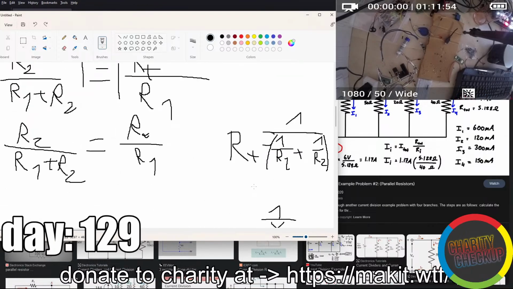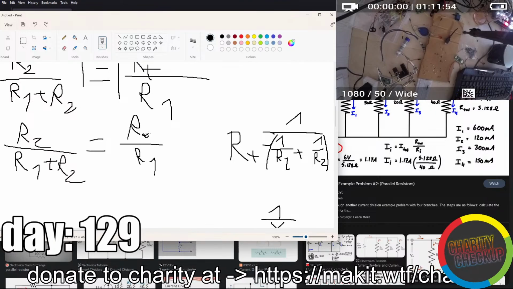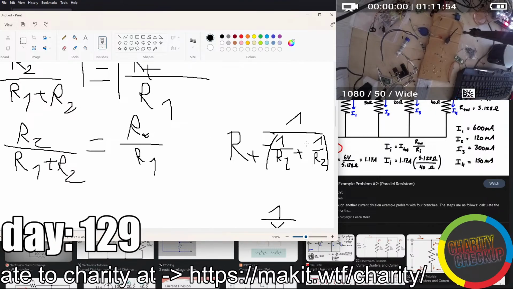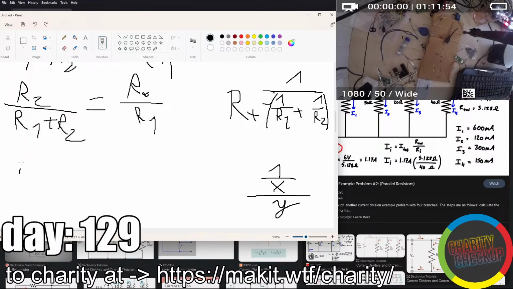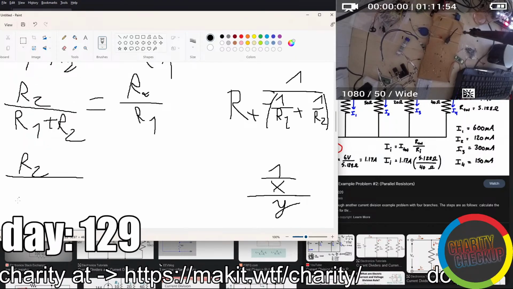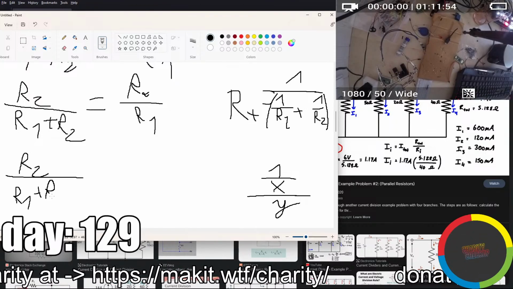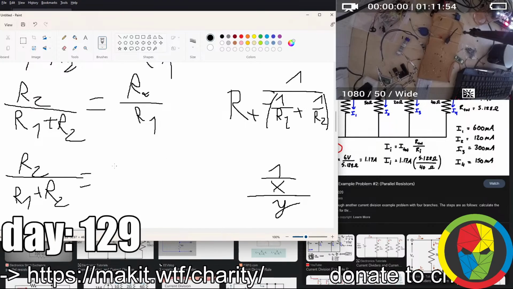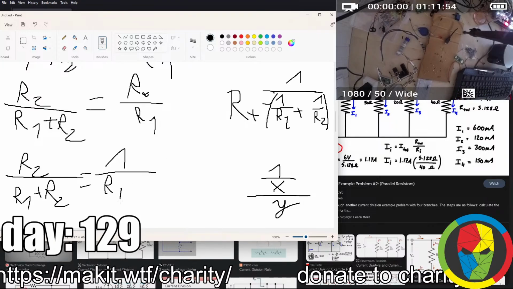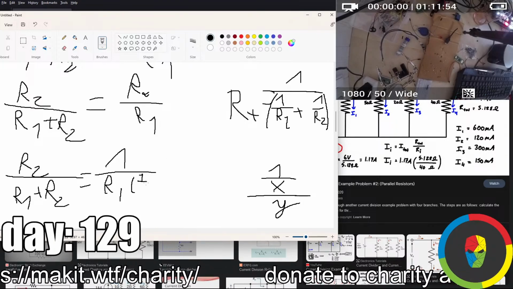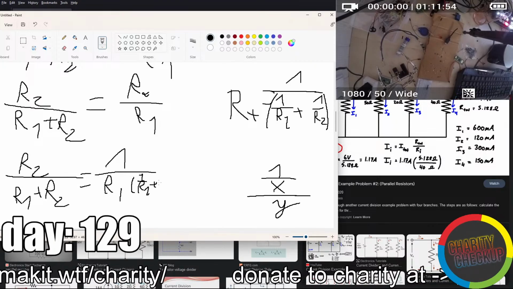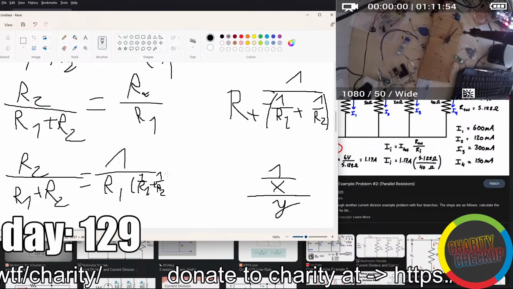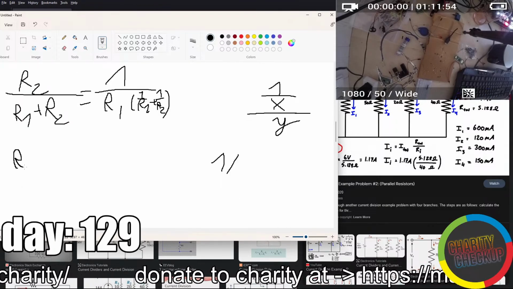So over here, total, this should be this, right? And so because of that, R2 divided by R1 plus R2 should be equal to the total resistance, which is this. So 1 divided by R1 plus 1 divided by R2. Something smells fishy here because this should be R2.